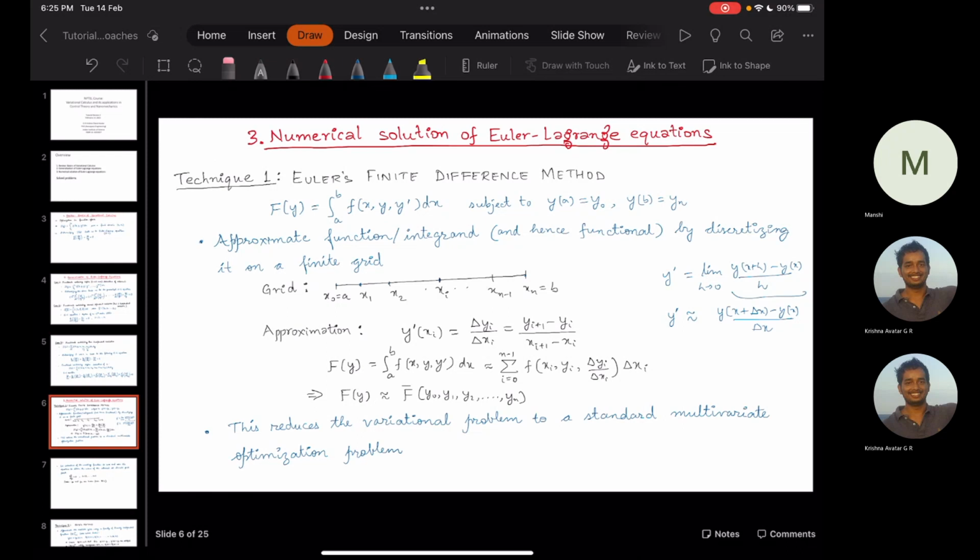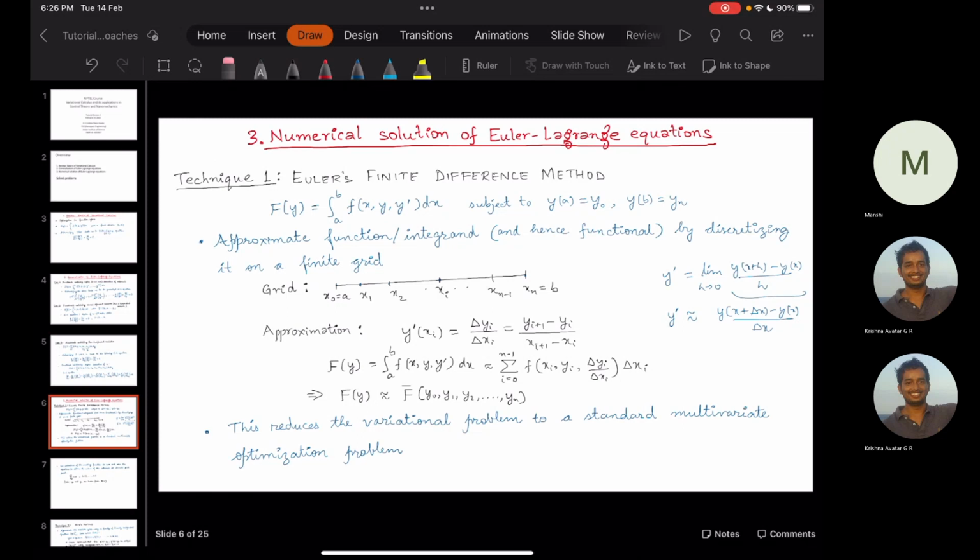I'm sure you have learned this back in your high school days, approximating an integral by a sum, and vice versa: by taking delta x very close to zero, the sum becomes an integral again. In this integrand, we put the value of y prime in terms of its approximate value, which is delta yi by delta x.